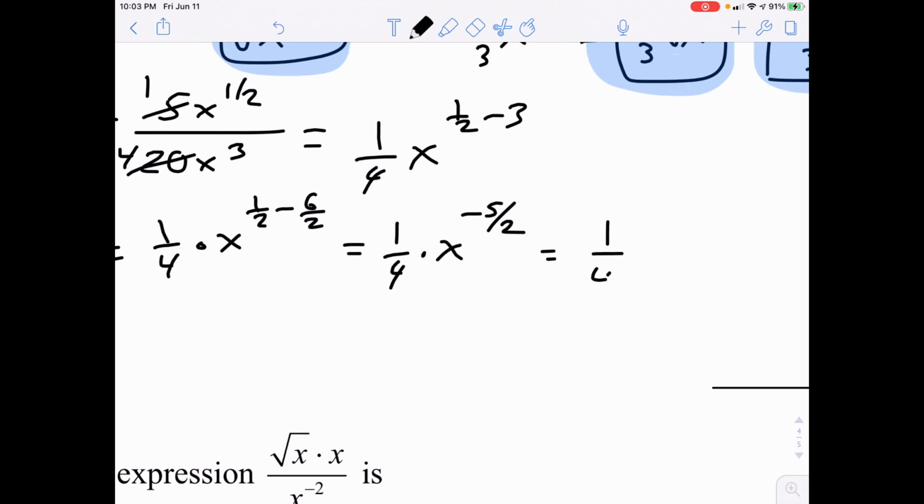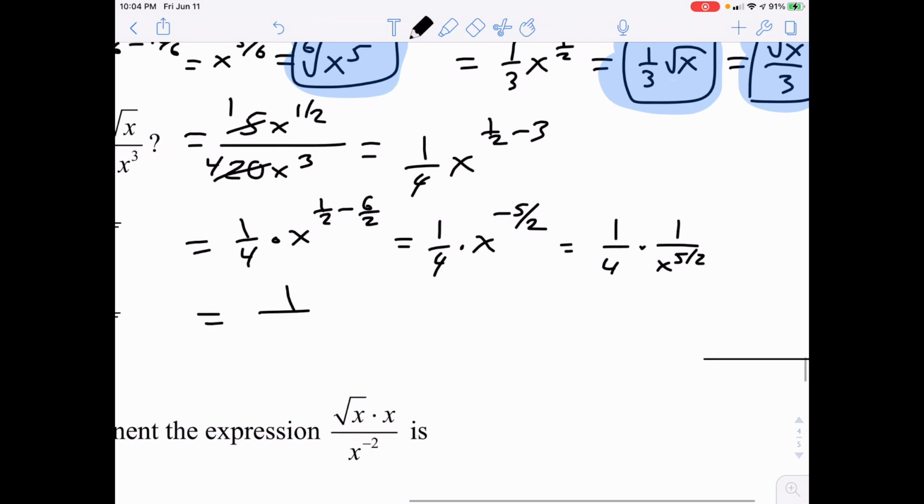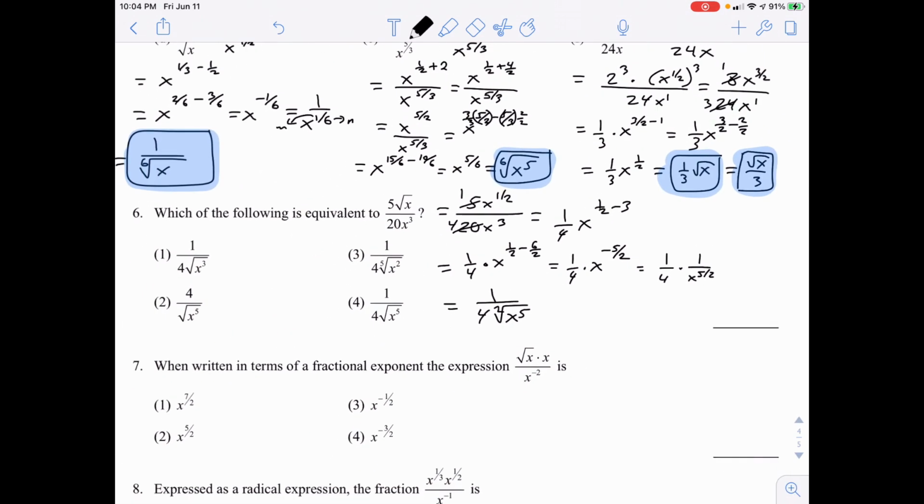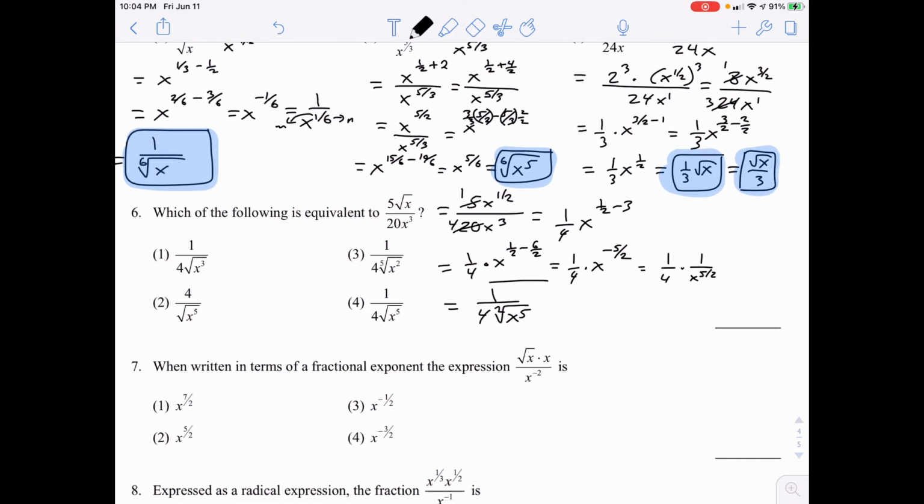Which is 1/4 times 1/x to the 5/2, which is 1/4 times the square root of x to the 5th power. Which is number 4.